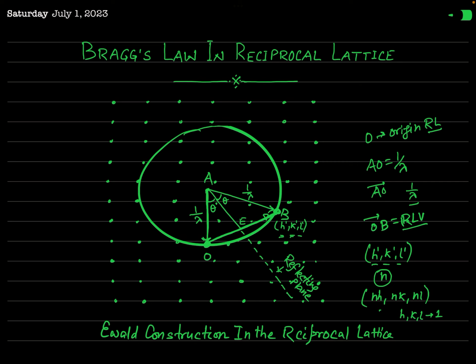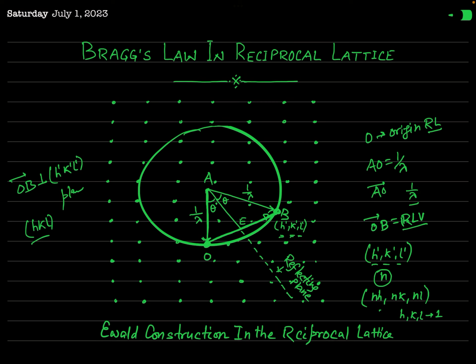So this OB must be perpendicular to the h prime, k prime, l prime plane. Or you can also say that this OB should be perpendicular to the plane hkl.